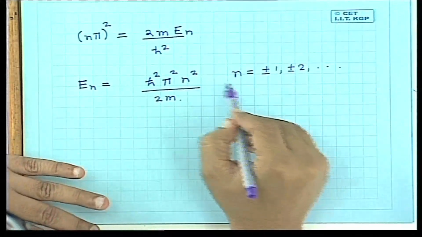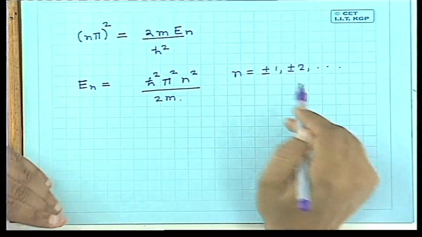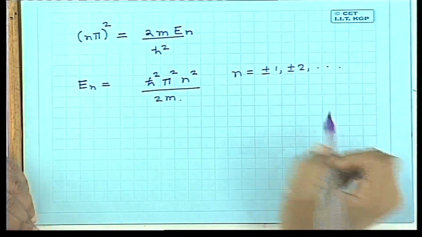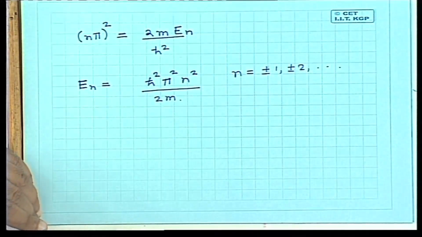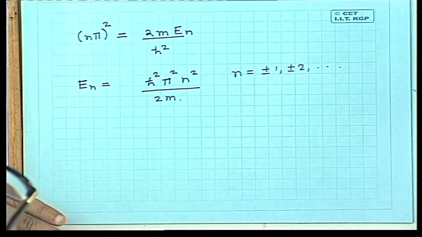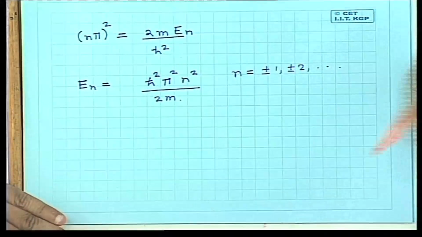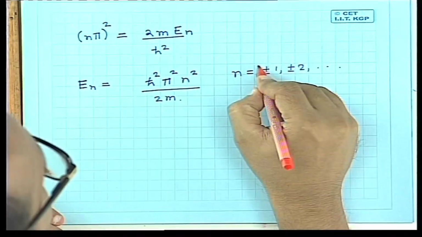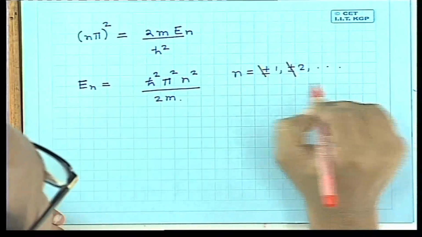They can be enumerated by an integer n, which could take values plus minus 1, 2, 3, 4, etc. The minus sign doesn't make a difference here, and we can actually drop it because it doesn't matter at all. We shall see that it doesn't matter, so I don't have to bother with the minus sign.